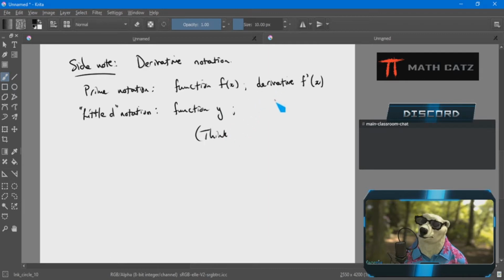Well, not usually, the derivative refers to the slope of the tangent line. And slope is change in y over change in x, or for short, delta y over delta x.